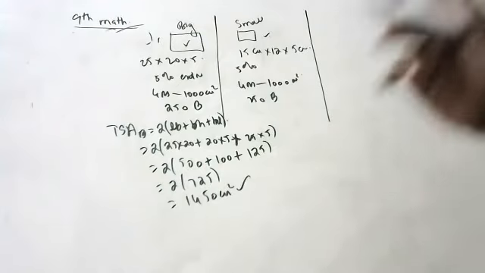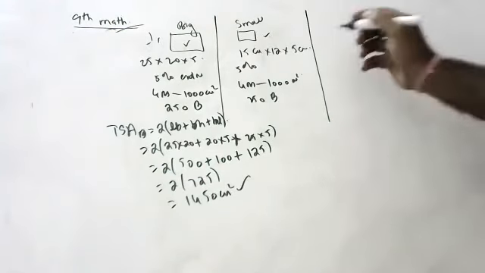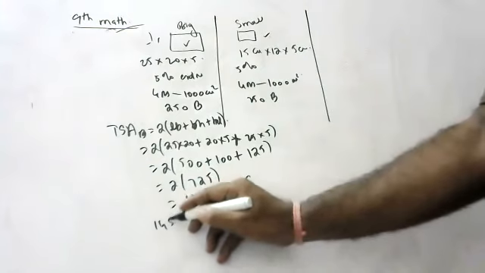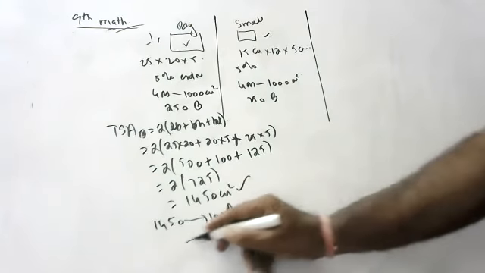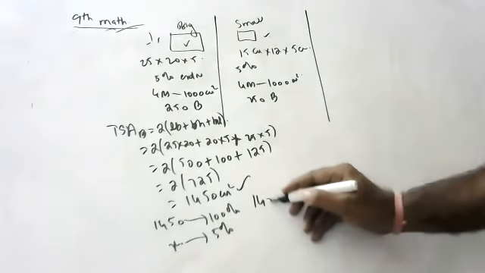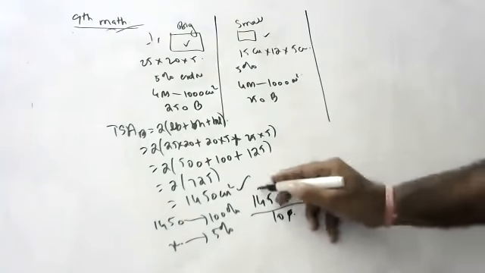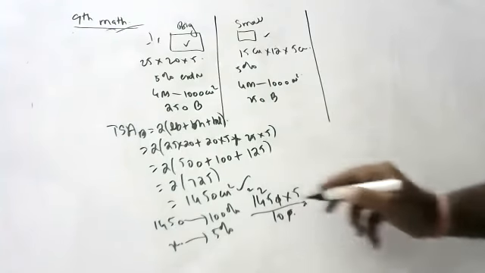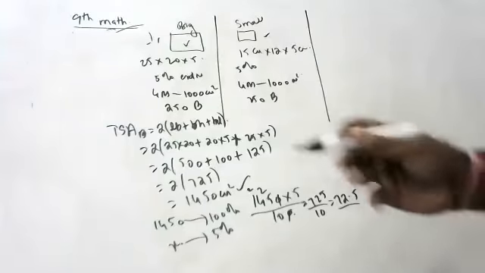Normally 1450 is needed, but 5% extra is also needed. So 1450 is 100%. 5% is how much? 1450 into 5 by 100. How much, children? 72.5 is needed extra.